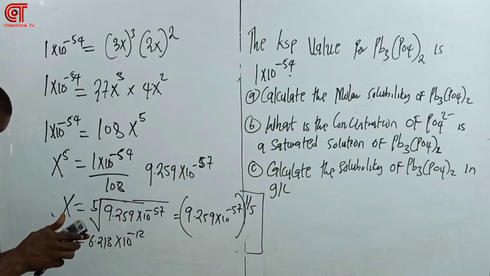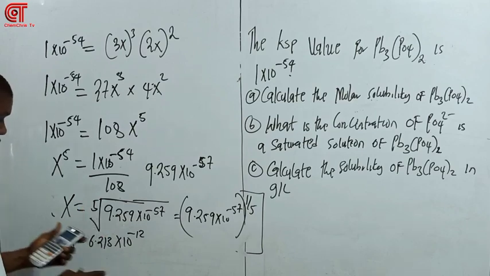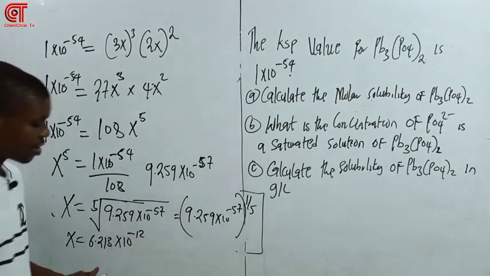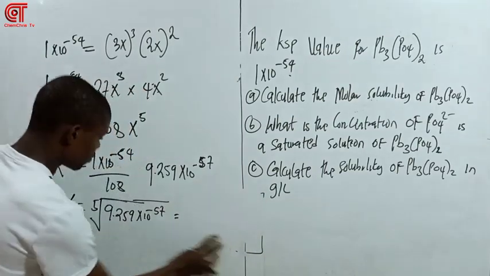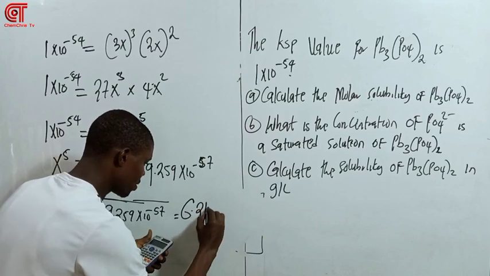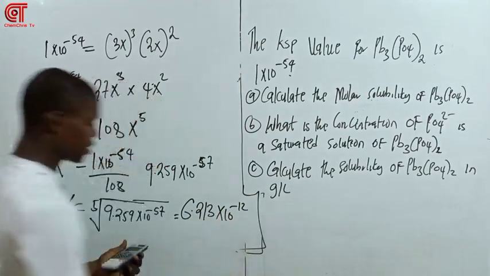But that one you should be able to get the fifth root now. I posted it earlier. 6.213 exponential minus 12. That is the answer.